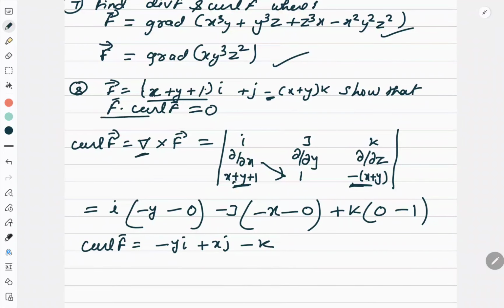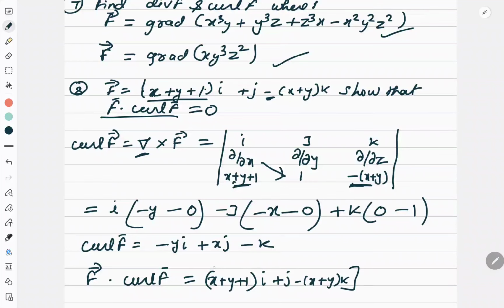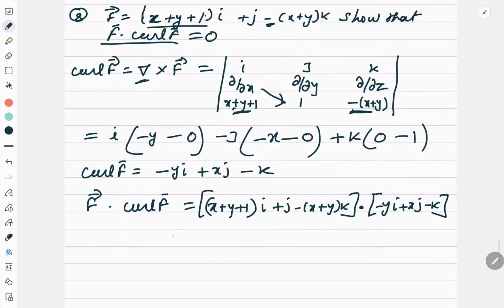And they are asking to find the dot product of F and curl F. So F dot curl F is equal to, let me write F: x plus y plus 1 i plus j minus x plus y k, dot curl F, which is minus y i plus x j minus k. Now how to do the dot product?